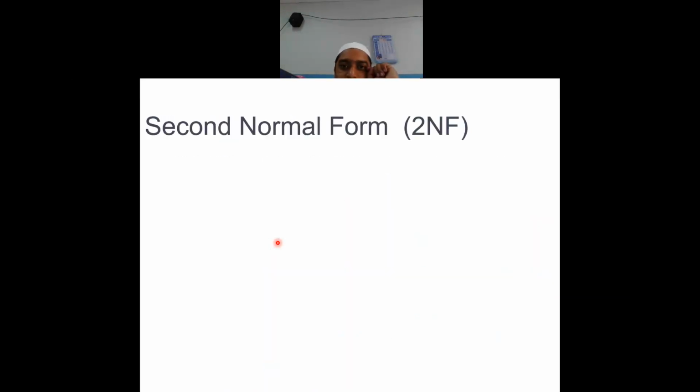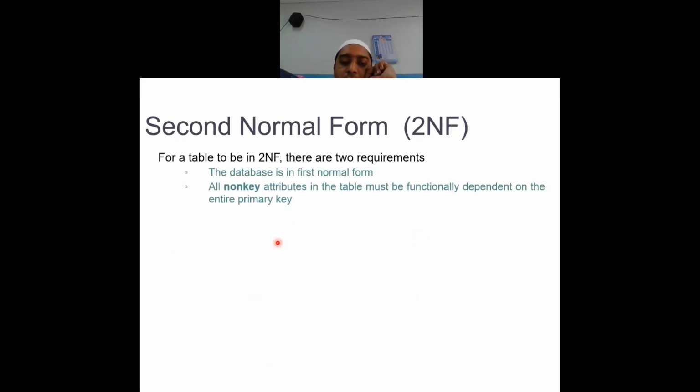Second normal form states that those attributes which are not part of a primary key, called non-key attributes, should be functionally dependent on the entire primary key, not just part of the primary key.